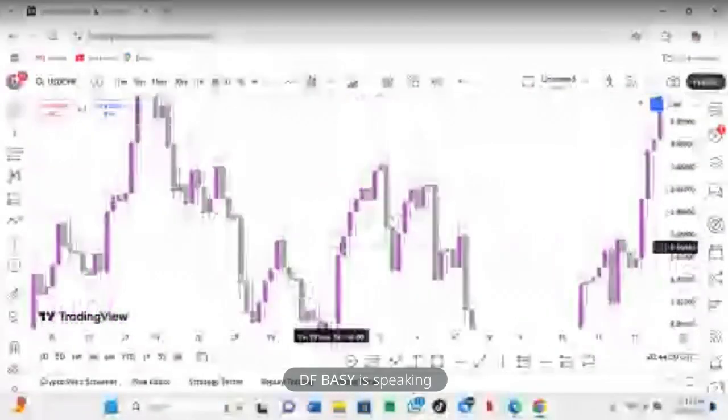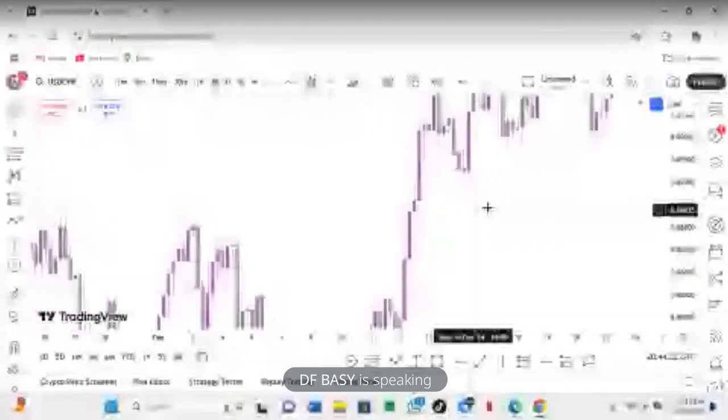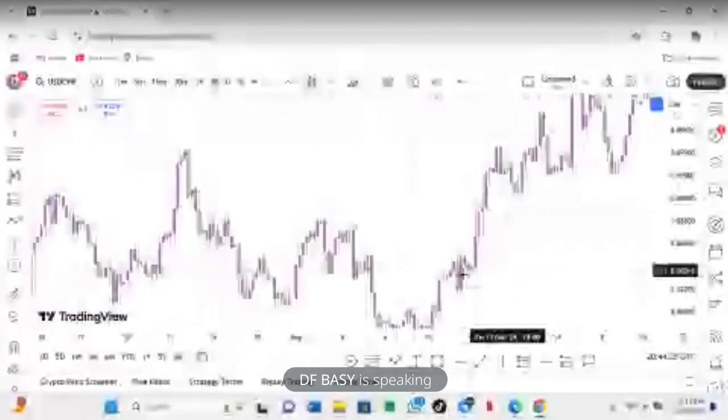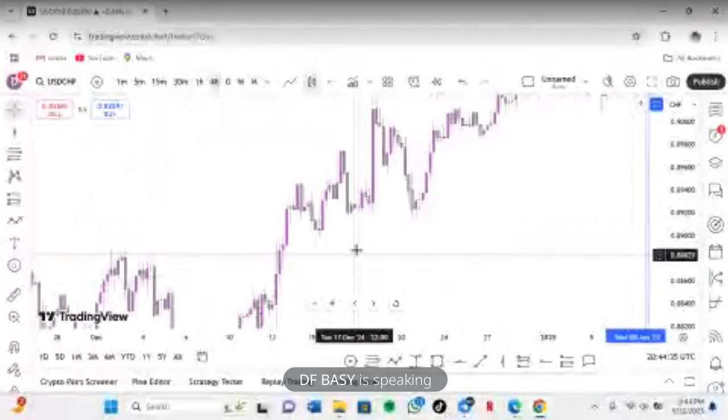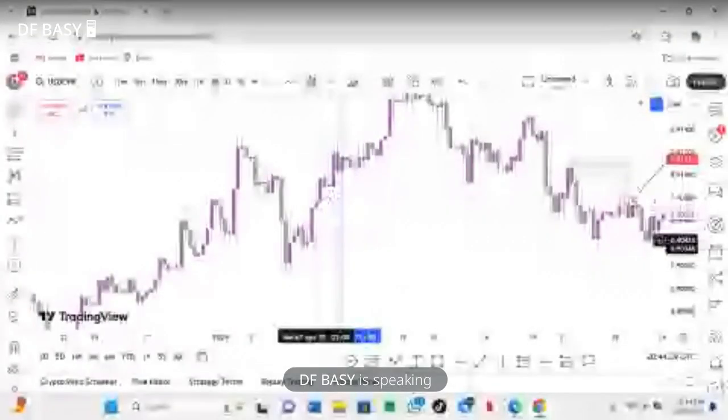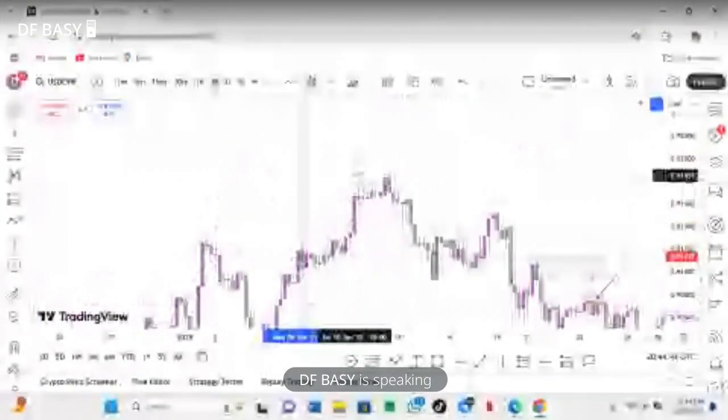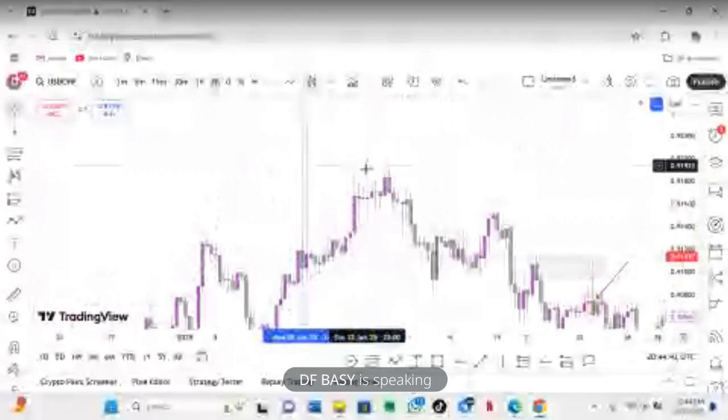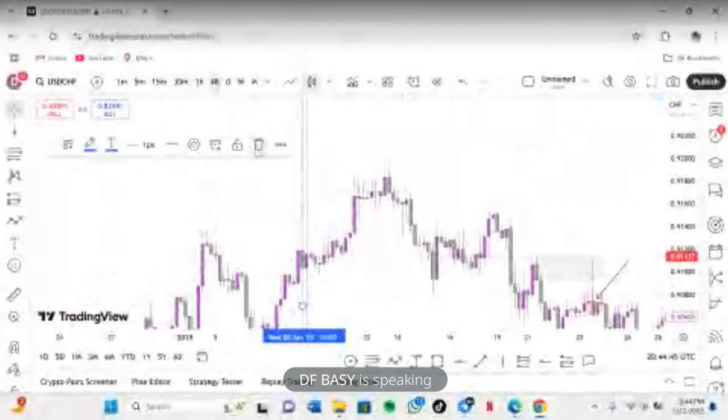You rarely see it, but once you see it, it indicates price continuation. If the market was bearish, it indicates price continuation. Like this, the market was bullish, it indicated price would still go up from here, and price actually did go up from here. So that's it.